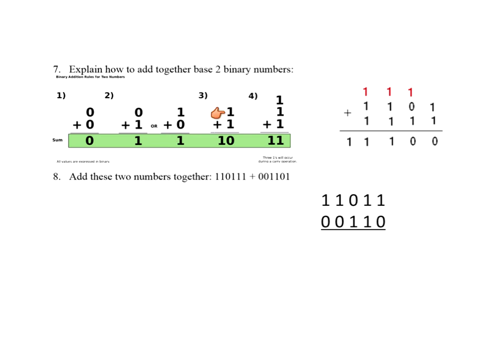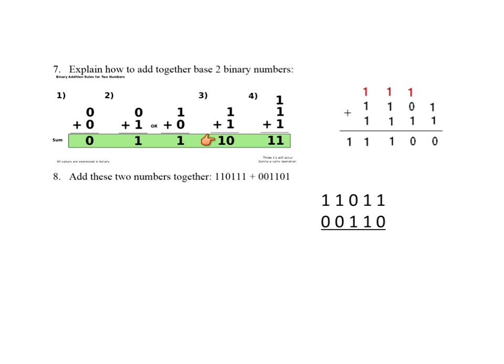Well, 1 plus 1 is 2, but there isn't a 2 in binary. So I have to go to the next place value, so I carry 1 over, like I'm carrying over the 10s in regular base 10. So 1 plus 1 is 0, carry the 1, which is 1, 0. And 1, 0 in base 2 is 2, because that's in the 2 place. So I have one group of 2 and no groups of 1, which is 2.